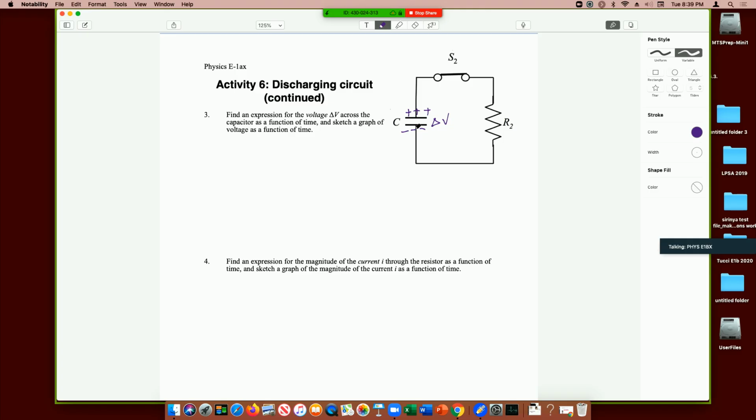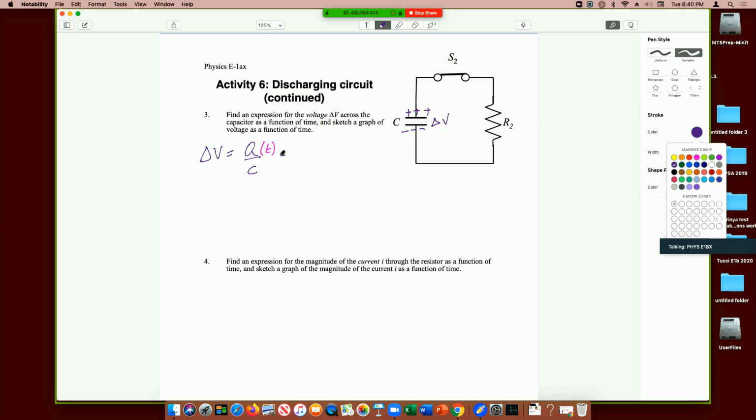Okay, so I know that the change in voltage is equal to Q over C. But we now know that Q is not a static Q. Q is a function of time. So I'm going to modify this equation a tiny bit and say Q as a function of time.